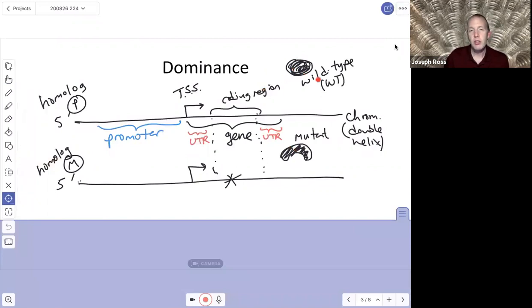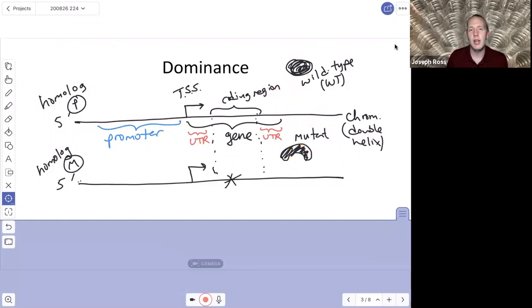On one hand, the presence of some wild type protein or normal protein might be enough for the organism to continue surviving as normal. That is, this mutation might have no effect in this situation where there's one wild type allele and one mutant allele. On the other hand, this mutation itself, the presence of that mutant protein, could cause a negative impact on the organism.